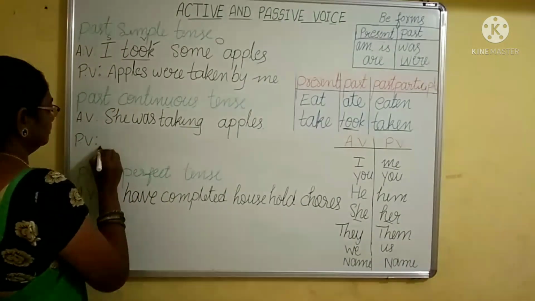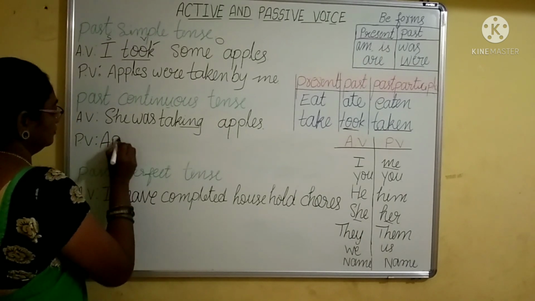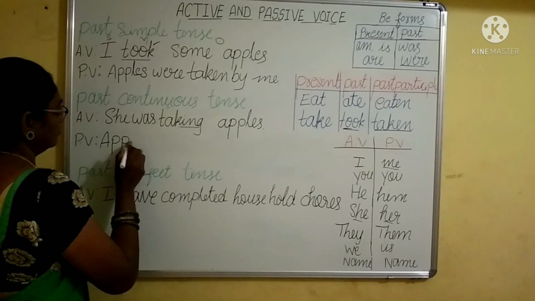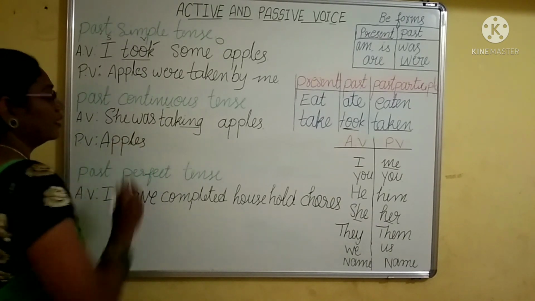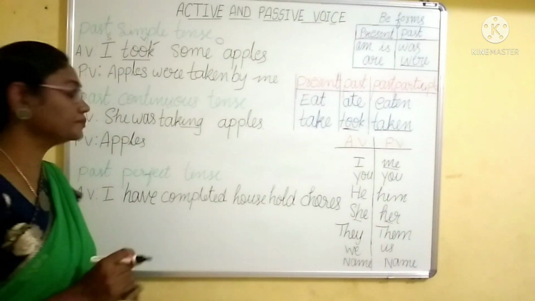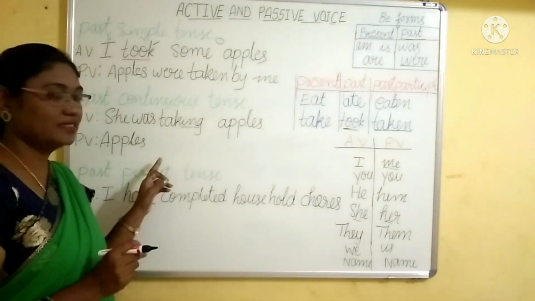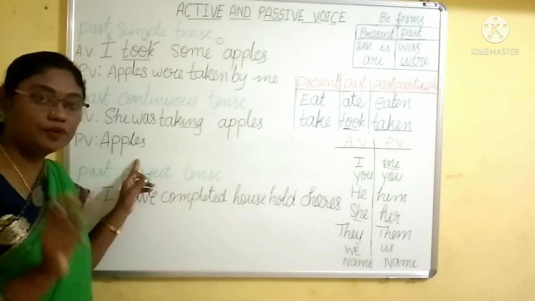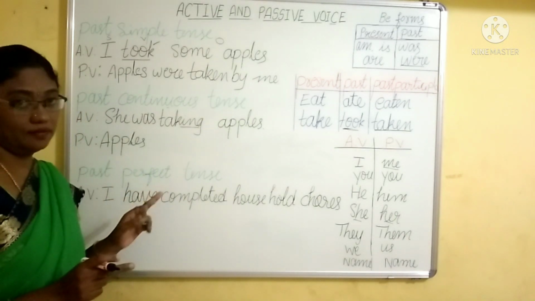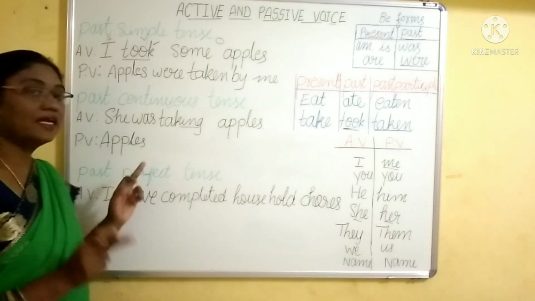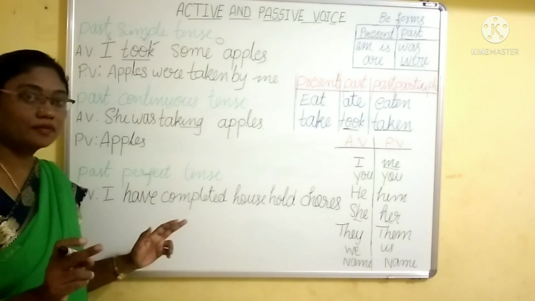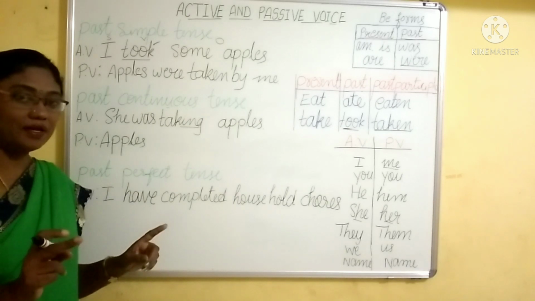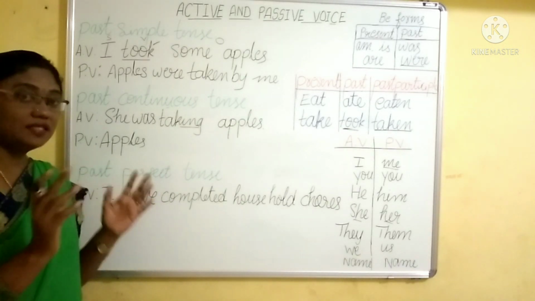That is the first step, right? Apples. First step is over. Apples and. Is the subject singular or plural? Yes, of course, it is plural. If I had written only apple, then it would be singular.